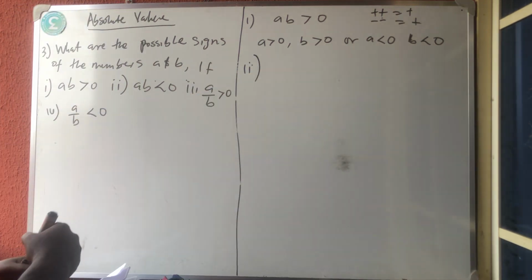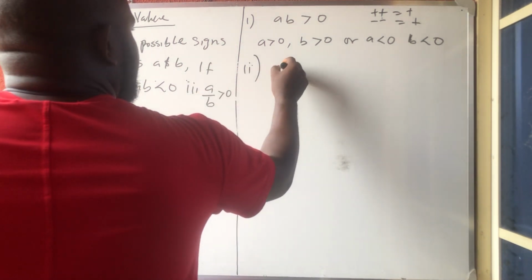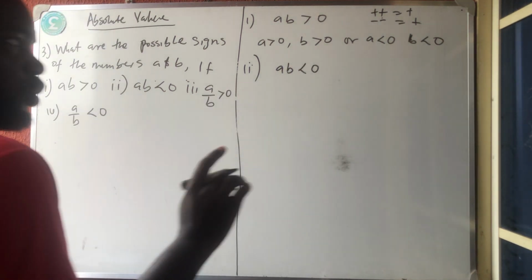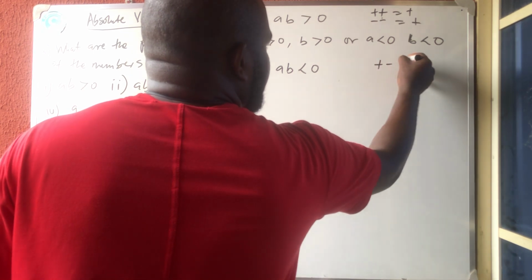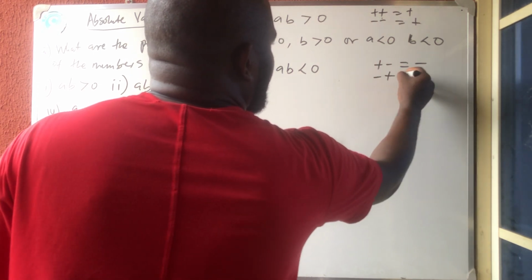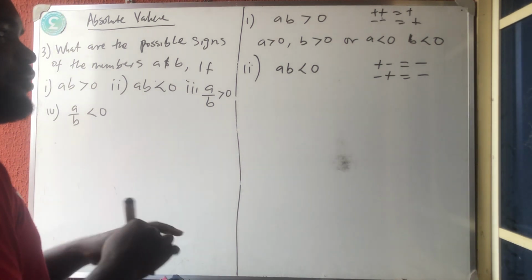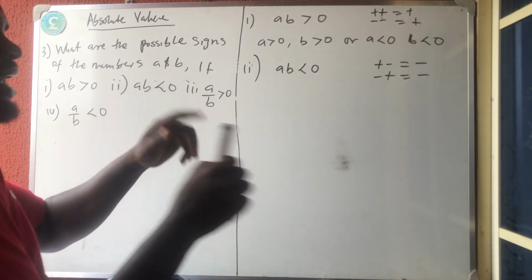Now, they say that ab is less than 0. Less than 0 means negative. Don't forget this: plus times minus is minus, and minus times plus is minus. So what can make them give me a negative answer means that their signs are not the same.